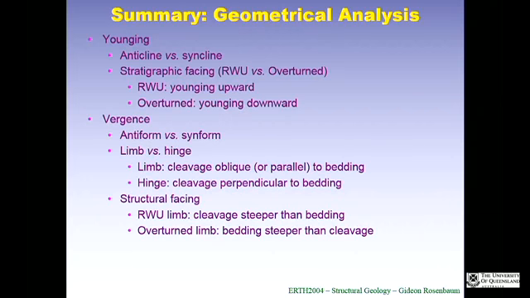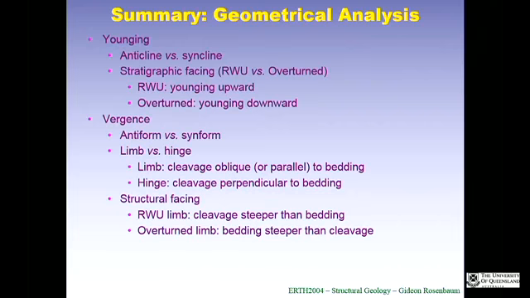Vergence is basically a structural usage. It will not help us with the stratigraphy, but it will tell us what is the structure, whether it's an antiform or a synform. It can tell us the relationships of the bedding and cleavage, and whether we can do vergence or we can't. It will tell us if we are at the limb or a hinge of a fold.